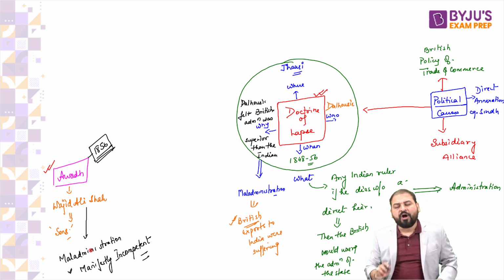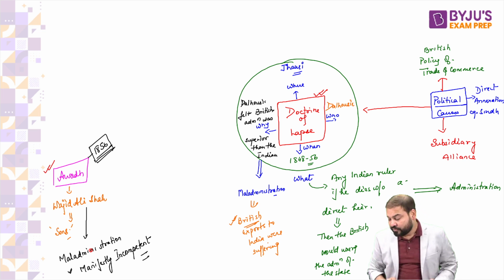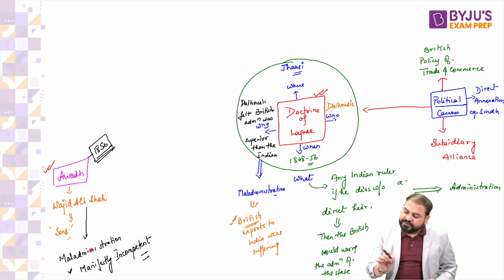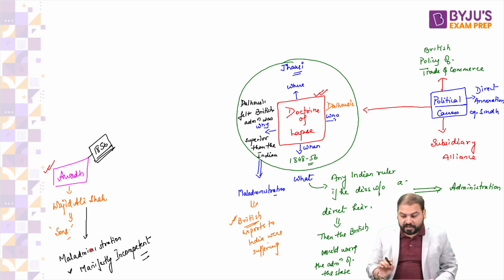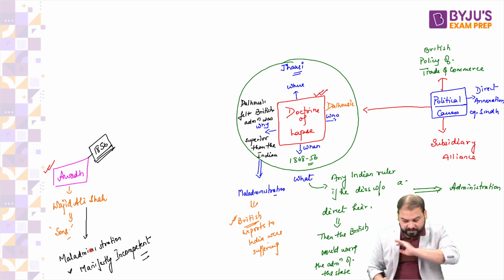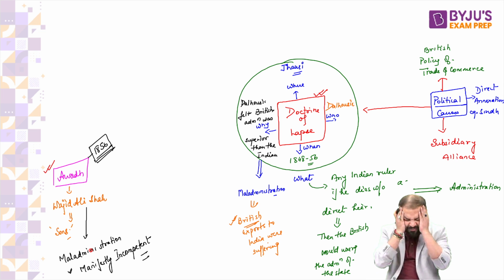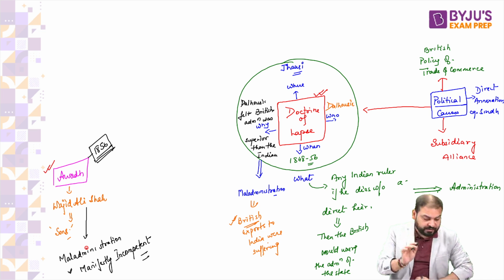Now for a second, each one of you, can you tell me, had Awadh signed the subsidiary alliance? Okay, everyone is saying yes. Thank you. We have all studied that Awadh had signed the subsidiary alliance. Now tell me one thing.